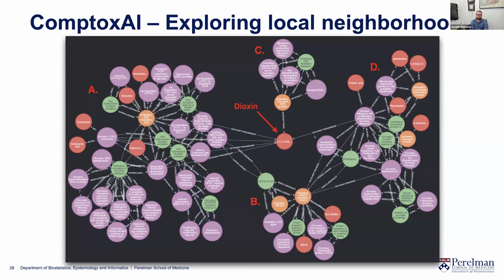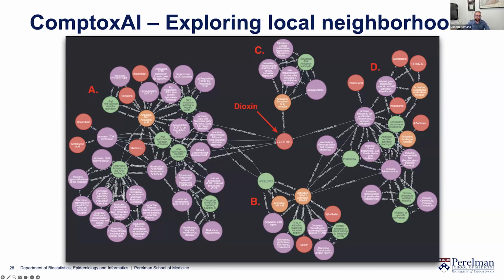We can also explore the structure of neighborhoods that surround a given node of interest. In this case, we're looking at the chemical dioxin, which is familiar to toxicologists as being a highly toxic chemical that leads to some severe health effects, including death, and has been associated with a number of industrial incidents over time.